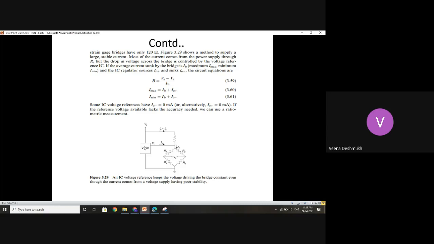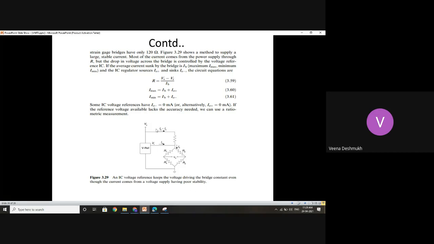So this is how, by maintaining a reference voltage, we can balance or we can supply the desired or the designed value of the current to the bridge. So the reference keeps the voltage driving the bridge constant, even though the current comes from a voltage supply having poor stability.